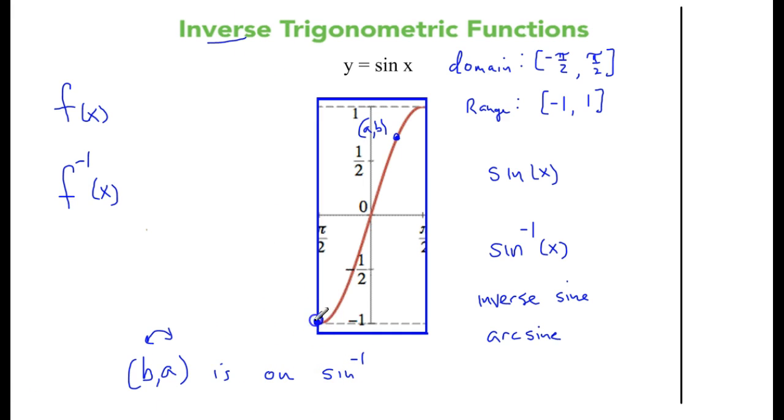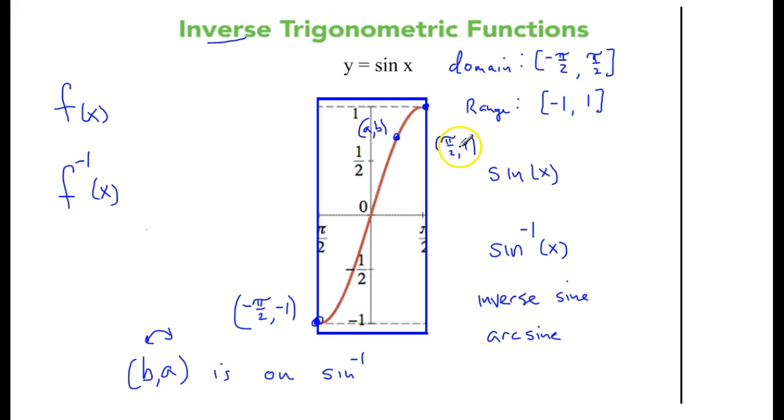So here is the point (negative pi over 2, negative 1). All right, that's a point on this. So that means (negative 1, negative pi over 2), flipping that around, is going to be on the arcsine function. And (pi over 2, 1) is on this.